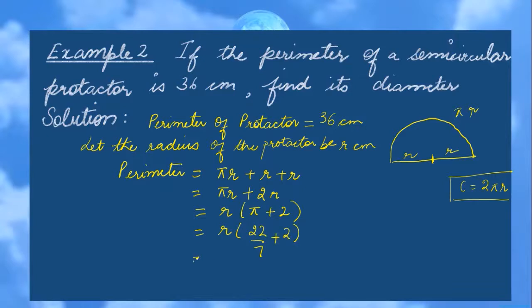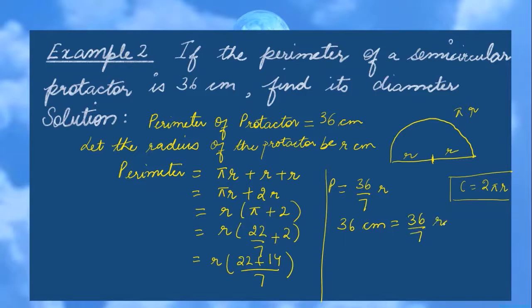So it is r into 22 plus 14 upon 7, equal to 36 upon 7 r. And perimeter, this is p, perimeter is given to be 36 centimeter equals 36 upon 7 r.